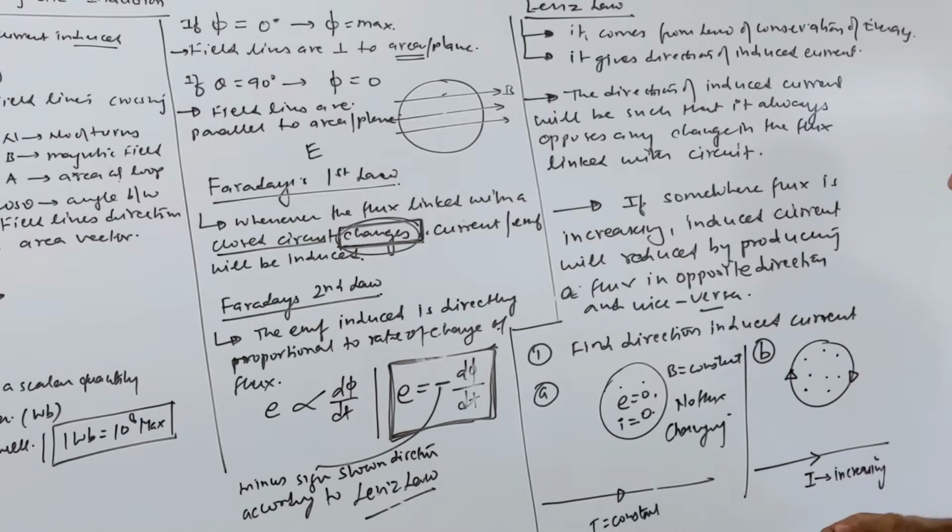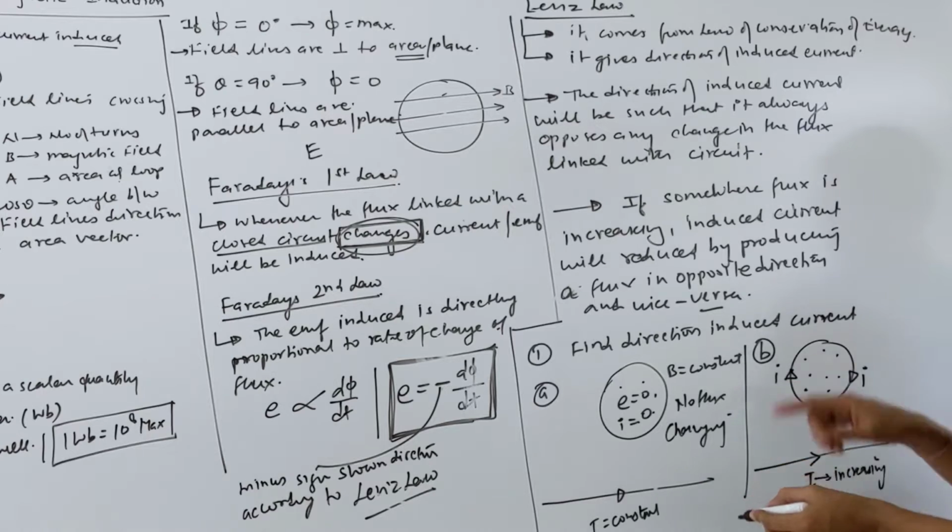Grabbing it like this, the thumb shows the direction of current, so the fingers go inward. So the direction of the induced current will be clockwise. Yes or no?